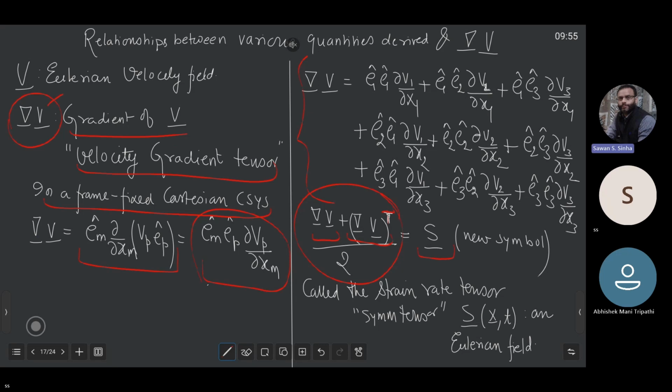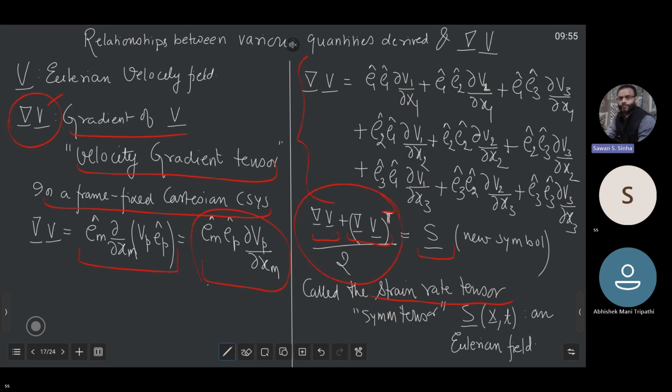This tensor, which we just defined, is called the strain rate tensor. In solid mechanics, they might have defined the strain tensor by now. We are interested in what is called the strain rate tensor. It is a symmetric tensor, guaranteed. Why? Because it has been generated in this manner. Okay.